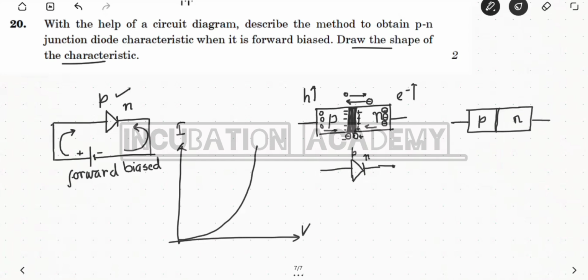The equation for it is I equals I naught exponential of eV divided by eta kT. Eta is 1 and 2 for germanium and silicon respectively. You can see the exponential rise here. There is a voltage called the cut-in voltage, after which this exponential increase starts. So this is the forward bias characteristics you need to draw.